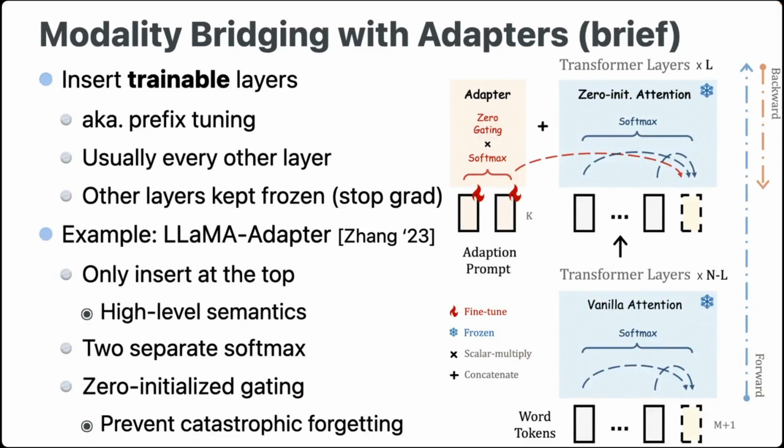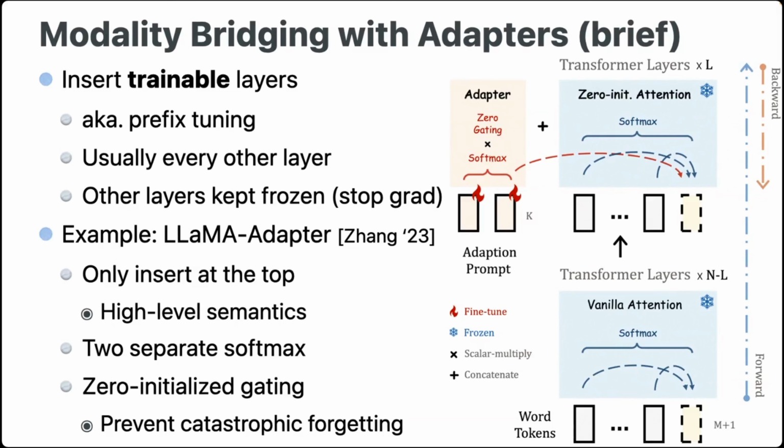As an example here, they insert some trainable tokens only at the top layers, because typically those bottom layers extract very detailed features. We don't want to touch that, but we want to change some high-level semantics at the top layer. Also, they are using two separate softmax.